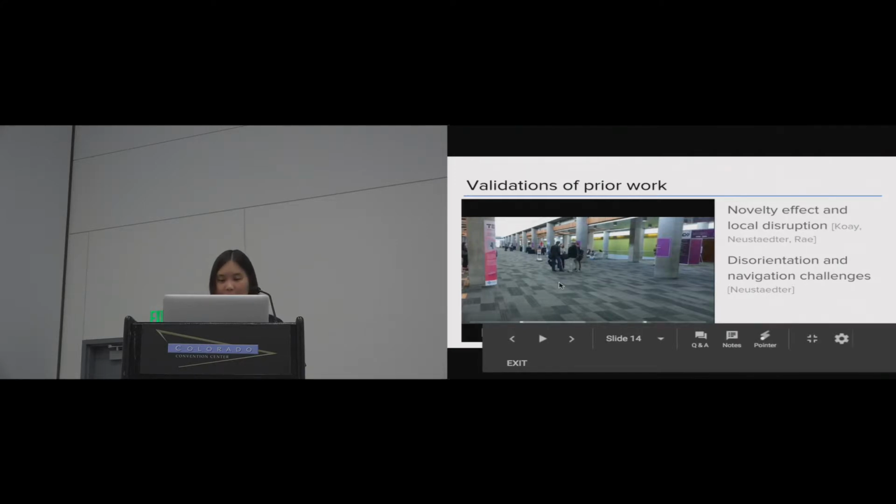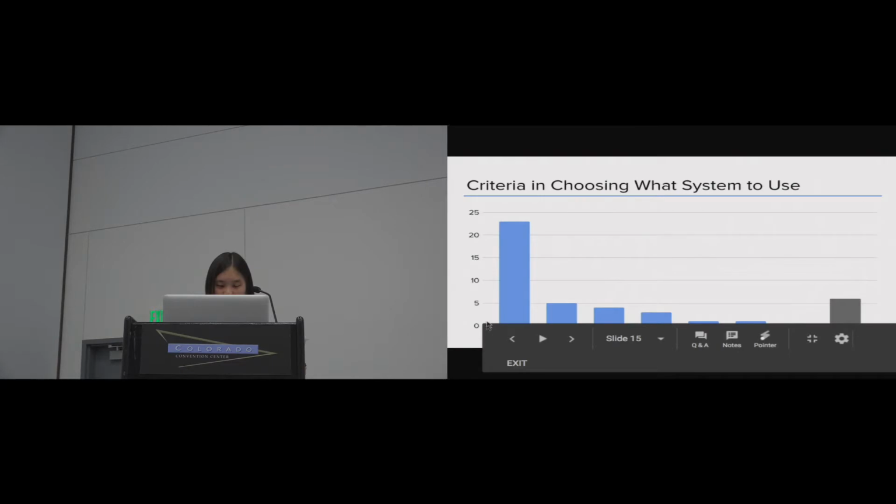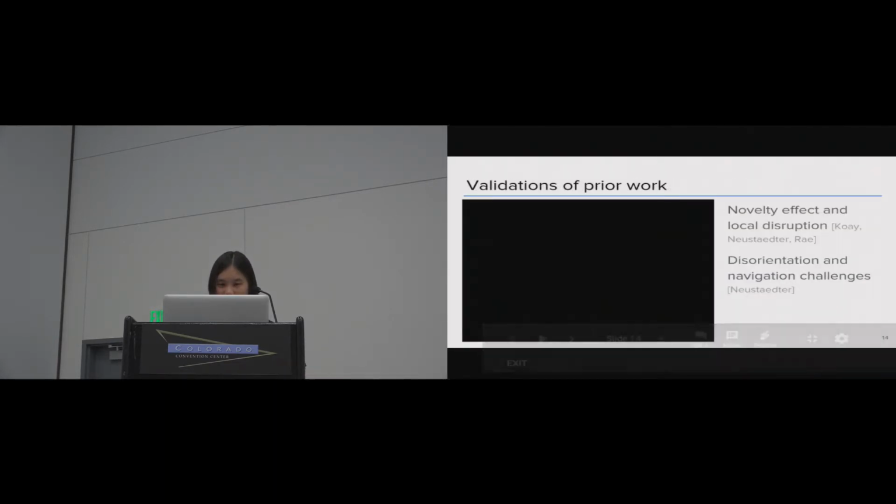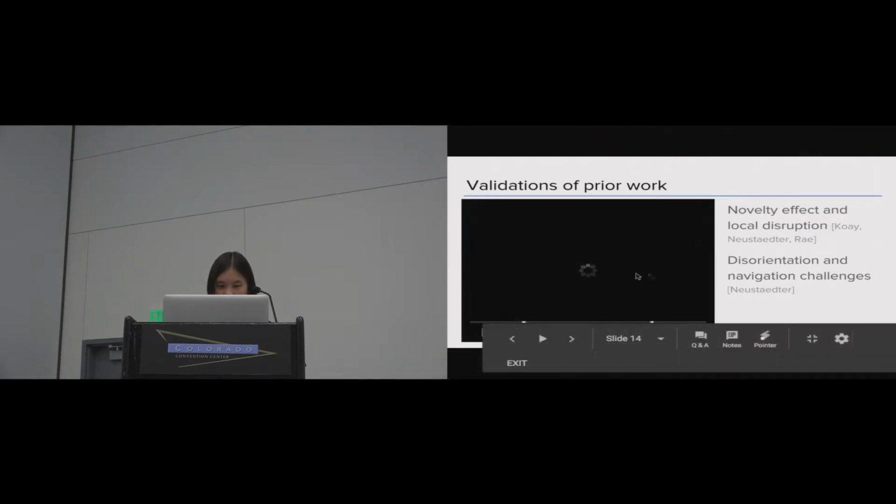Similar to prior work, we found that there was a significant novelty effect and local disruption. We'll see if this video plays.